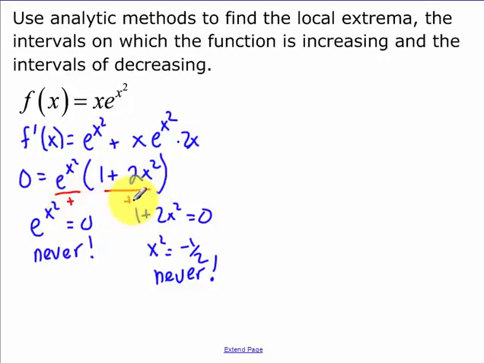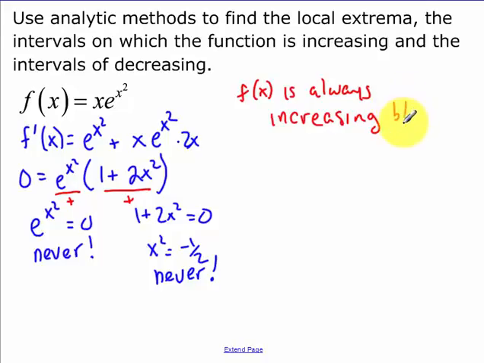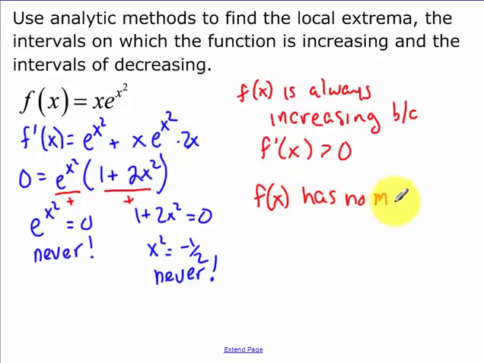So I have a positive, another positive, so f of x is always increasing because f prime of x is always greater than 0. So therefore, f of x has no max or min. Because I'm always increasing.